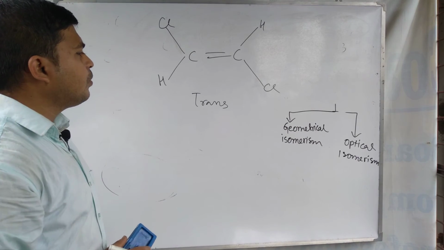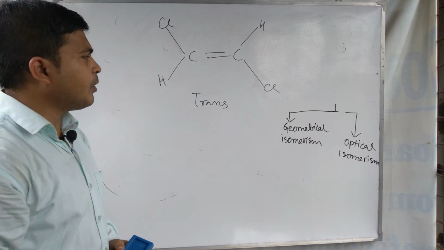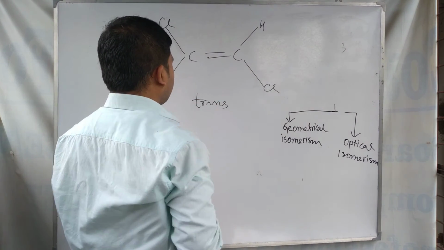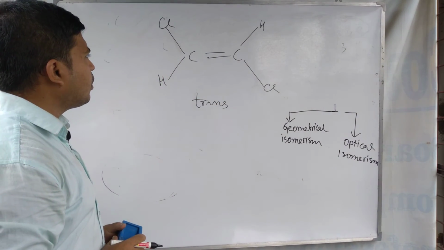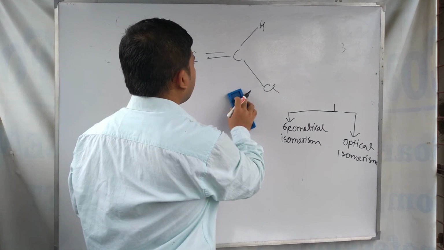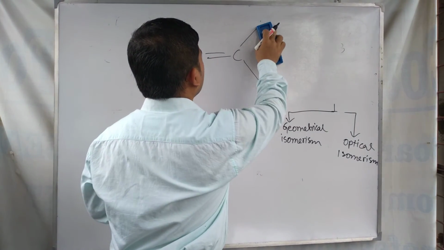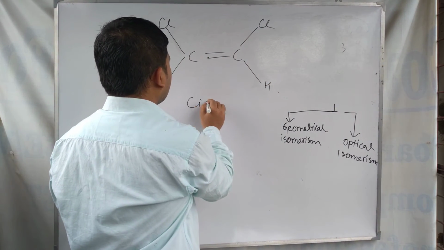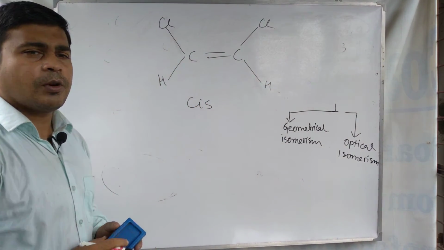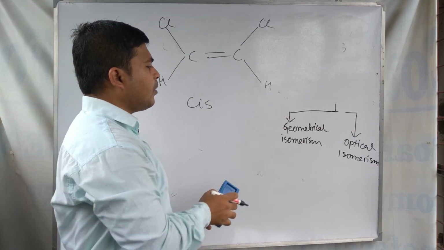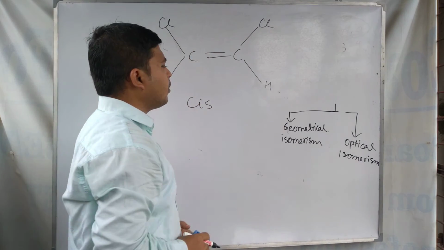Geometrical isomers are divided into two classes only, and if the groups are on the same side, it is called the cis isomer. This is an example of geometrical isomers.